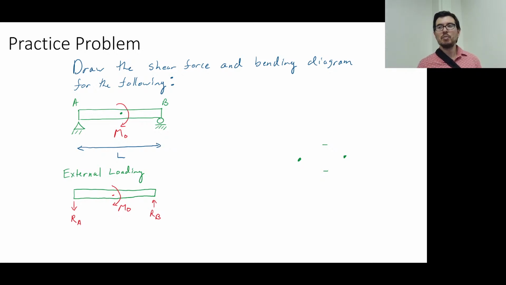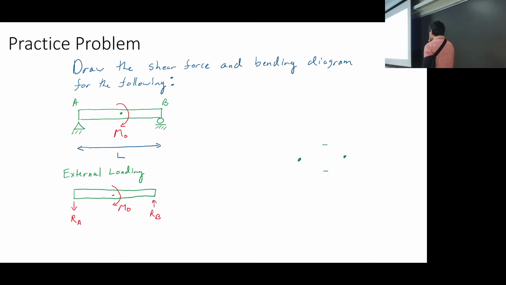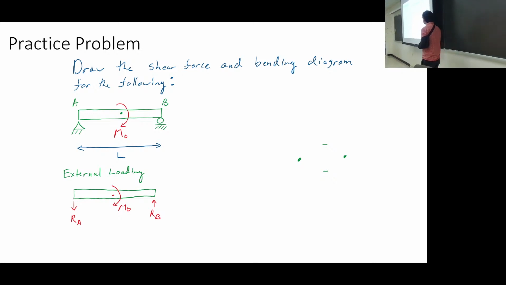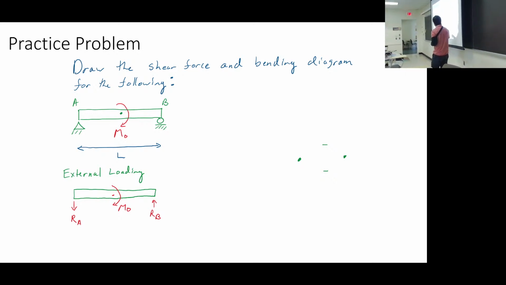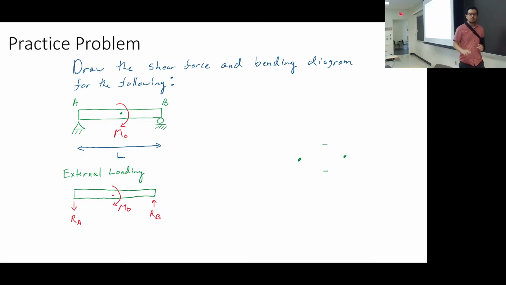But you know that these are going to be forces that are applied. These are external ones, so I get to choose. And since that moment is being applied in this direction, I'm going to guess that I want something up over here, and I'm going to guess that I want this pin joint to pull down. So that's the first step.